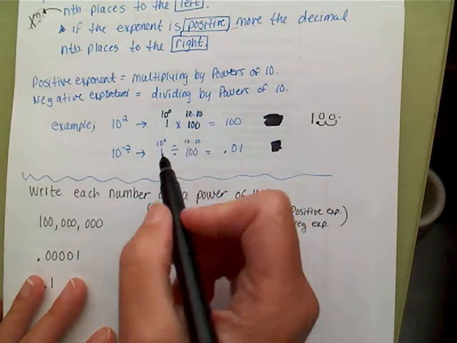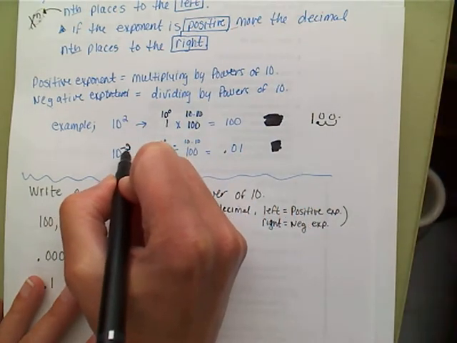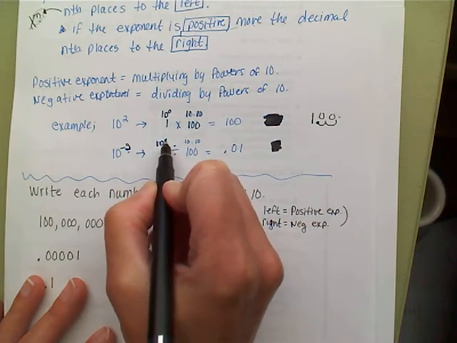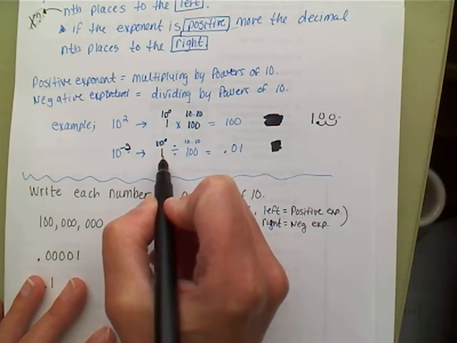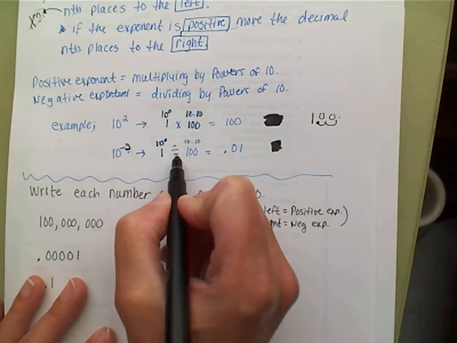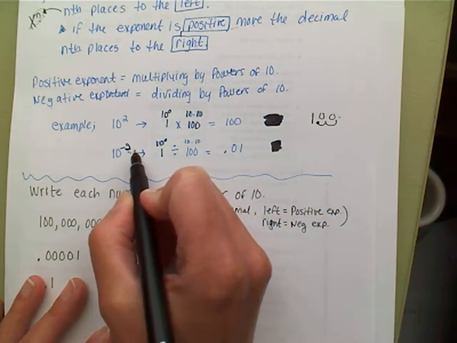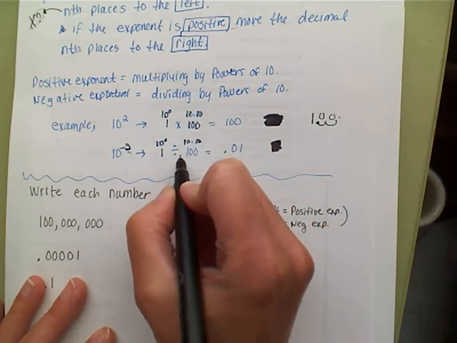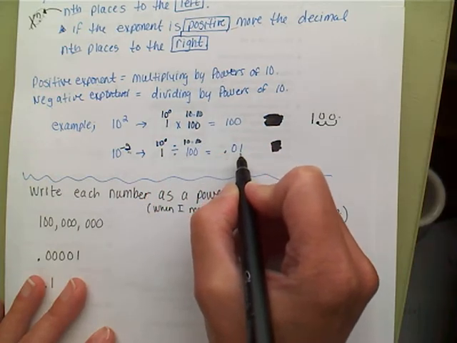If I'm doing a negative exponent, I'm going to do the opposite of that. Since I'm doing 10 to the 0 power, which we said is 1, and we're dividing by our 10 times 10, which is 100, I'm dividing by that, so I'm going to get 0.01.